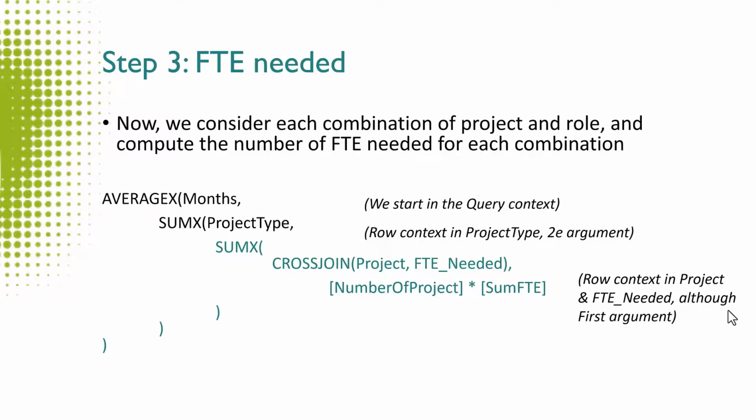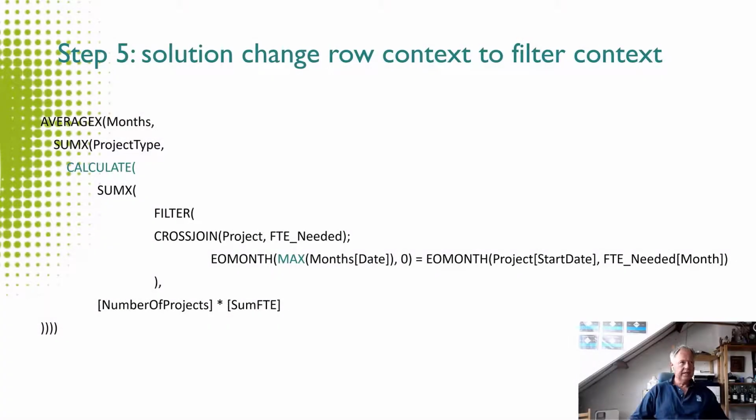The solution lies in altering our context. As said, what we need to do is change the row context from the last SUMX to a filter context. And as you may be aware, we have CALCULATE for it. So we use, in this case, CALCULATE to create a filter context. And we don't have a second argument with CALCULATE, because we only want to change the context from row context to filter context.